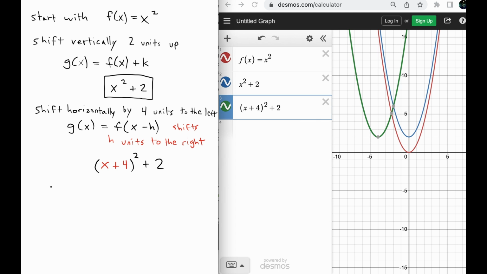Now we can do what's called a stretch or compression. I'm going to stretch my function vertically by a factor of 2.